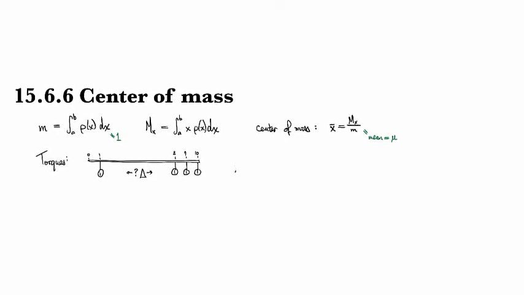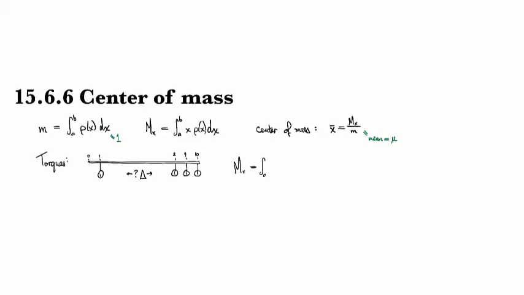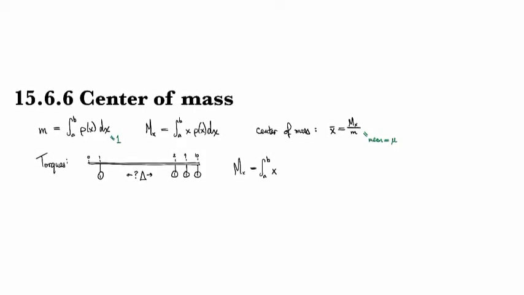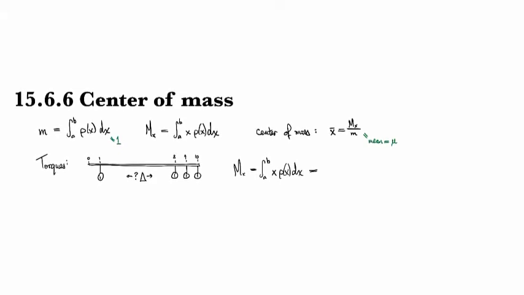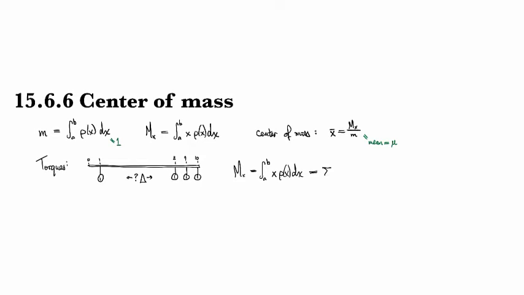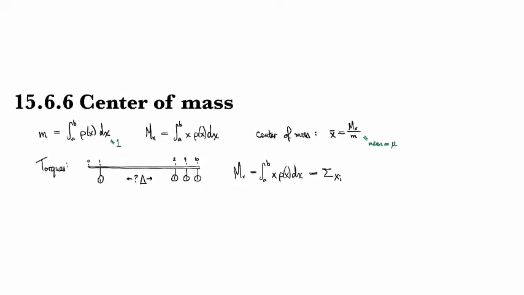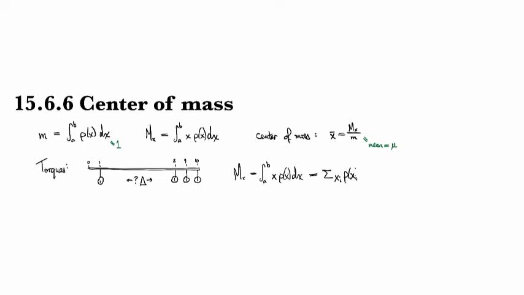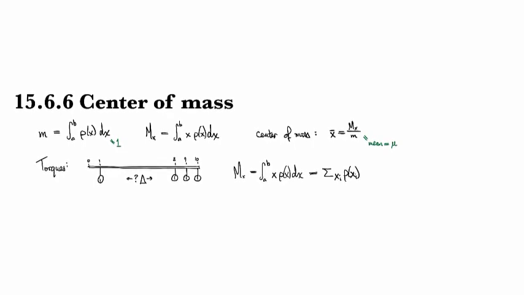If we compute the center of mass of this setup as the integral from a to b of x times density dx, in this case it's actually just going to end up being a sum because it's a discrete model. So we're summing up the position x_i times the density at x_i, which is just the weight that I've put there.